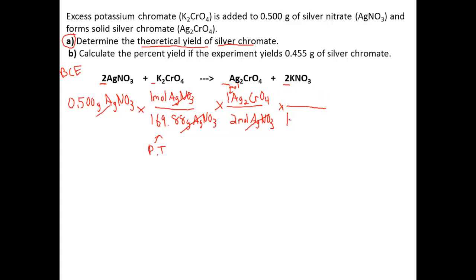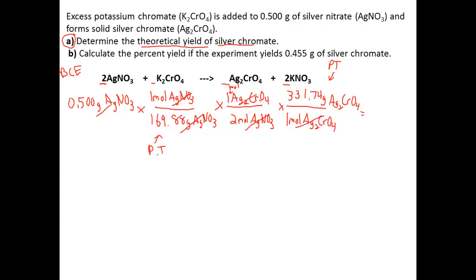So as we're going, 1 mole of silver chromate, from the periodic table, 331.74 grams of silver chromate. So again, that's from the periodic table.